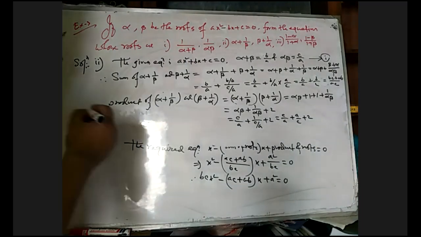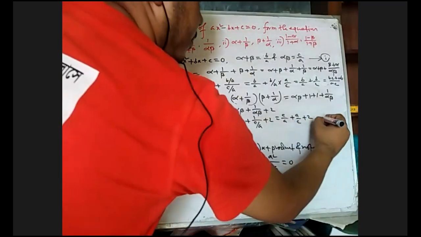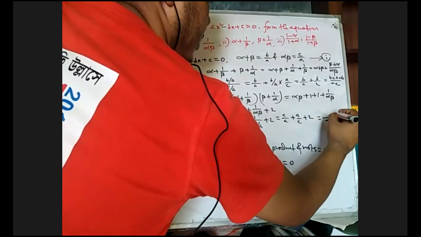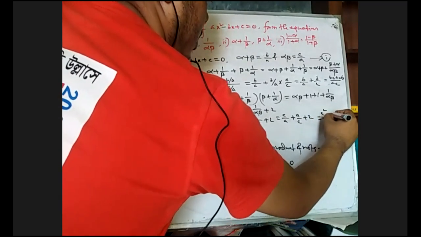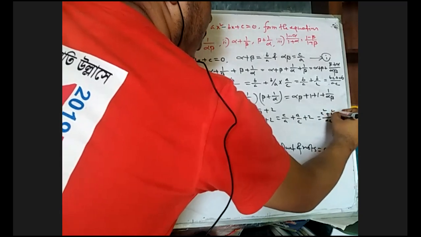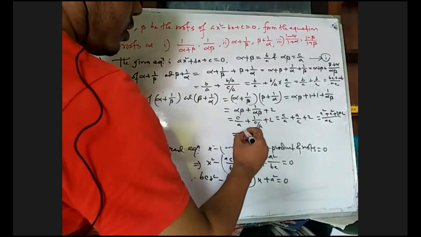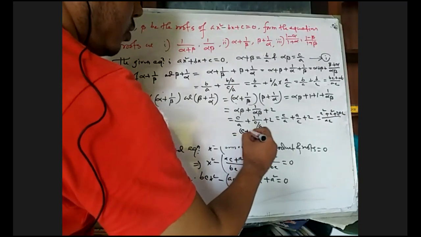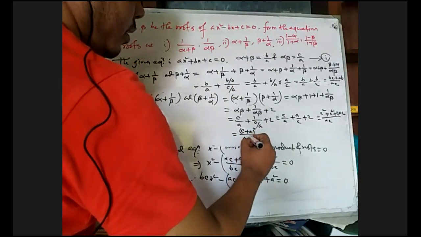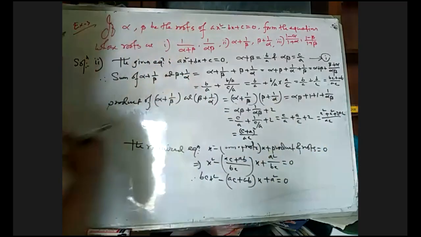Now ac will be LCM. c square plus a square plus twice ac. Okay, so this equals to (c plus a) whole square divided by ac. This is a plus b whole square formula.